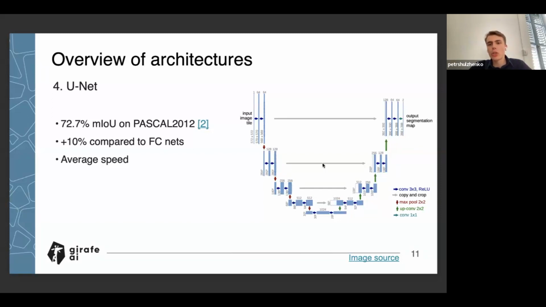We propagate spatial information to concatenate these rich spatial masks or feature maps with highly encoded features. So this net has an average speed, but also a huge increase in mean IOU metrics compared to fully convolutional nets.